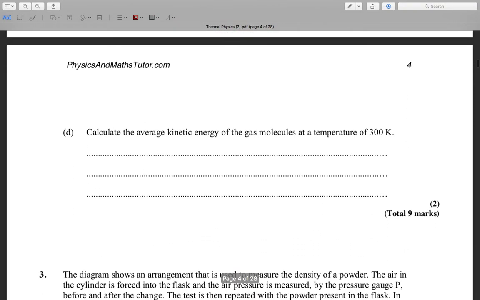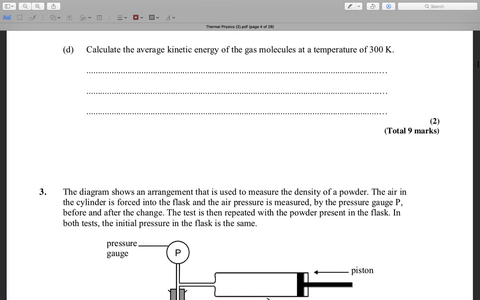Okay, continue the question. Calculate the average kinetic energy of the gas molecule at a temperature of 300 Kelvin. For 300 Kelvin, we go to the kinetic energy formula. Kinetic energy is 3 over 2 kT.